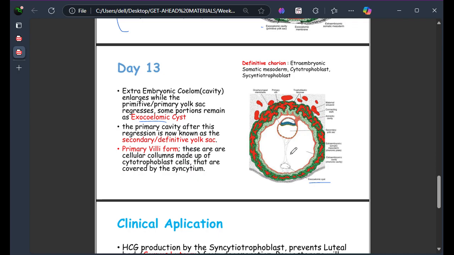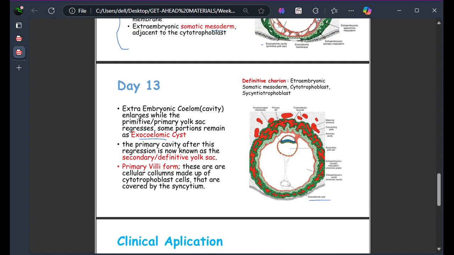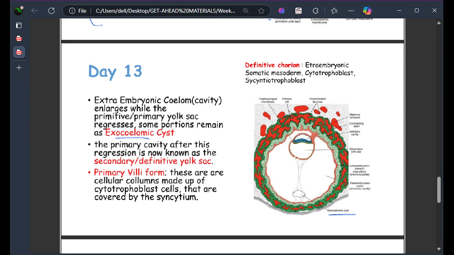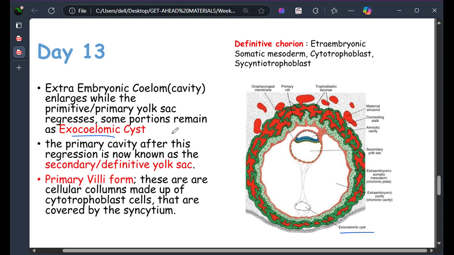Okay, so here you find that there are some name changes again happening just because of this change that we talked about. So what are the name changes and the other things that will be happening? The primary cavity or the primary yolk sac after this regression is now known as the secondary or definitive yolk sac.